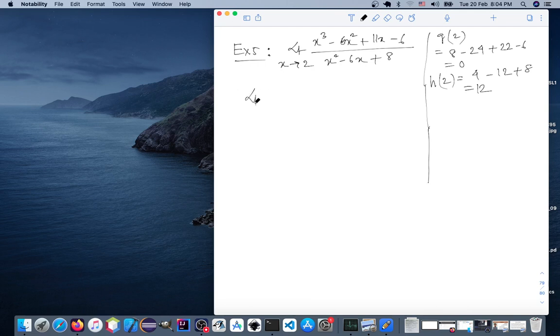Let's factorize. So both will have x minus 2 as a factor, and over here we have minus 6, so it must have plus 3. And over here we have plus 8, it must have minus 4.